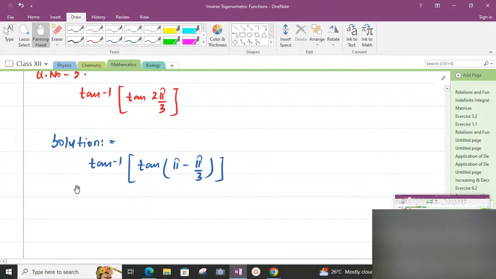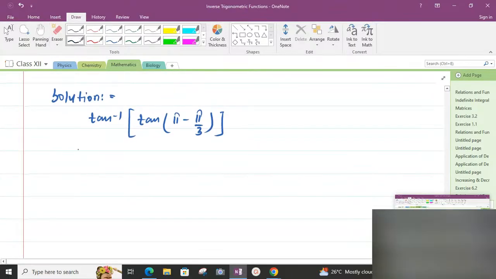So the next step here will be tan inverse minus tan pi by 3 equal to minus pi by 3. So this is the answer.